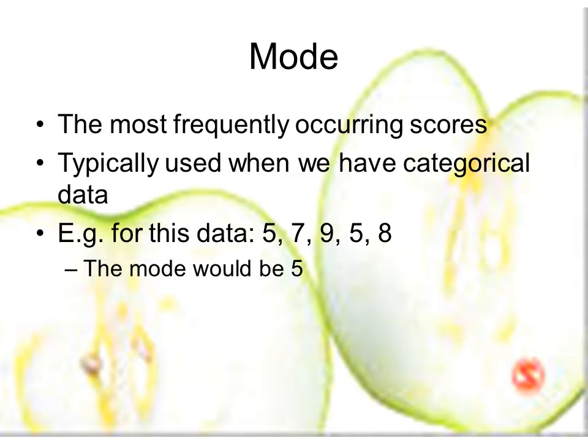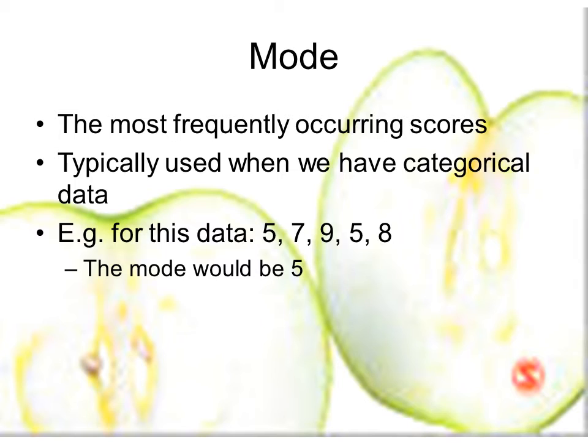The mode is usually used with categorical data, and what you're going to look at is what number we are going to see most in the sets of data that we have come up with. Whatever is the most frequently occurring number is what we're going to use for the mode.